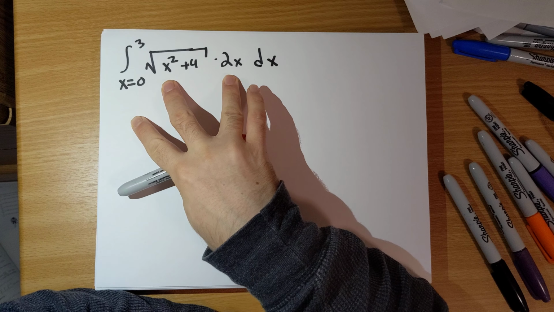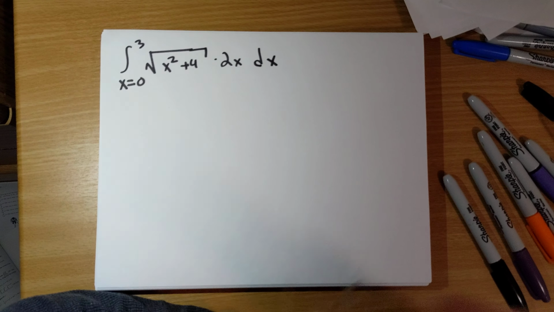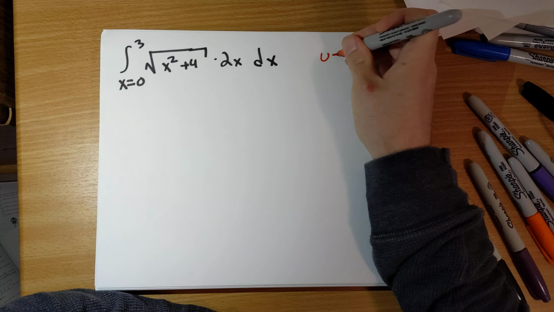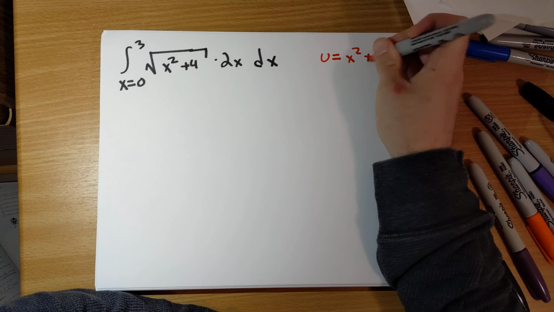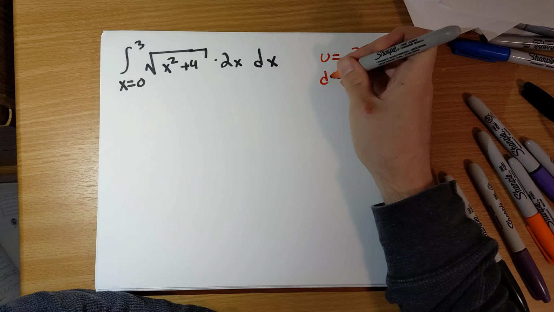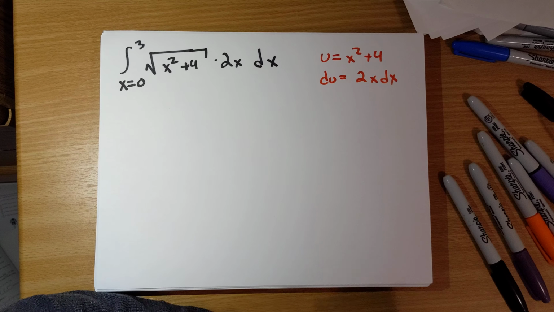It might take a little bit of thought to find an antiderivative for this function. And you certainly can do it, but it might take a little bit of thought here. But the easiest way for us to do it is to say u is equal to x squared plus 4, du is equal to 2x dx.